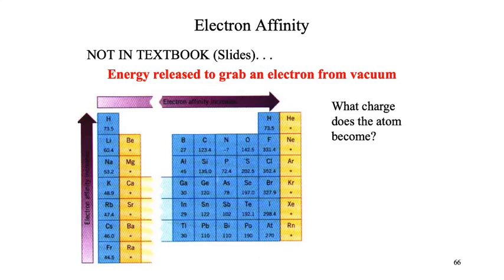If I start with a neutral atom and I do electron affinity, what happens to the atom? It becomes negative. Okay? So in both of these cases at this level, we're only saying starting neutral. Could you remove more than one electron? Yes. That would be called second ionization, third ionization, fourth, and there are tables of those. We don't care. First ionization, first electron affinity. Only do one. Does that work? Okay.